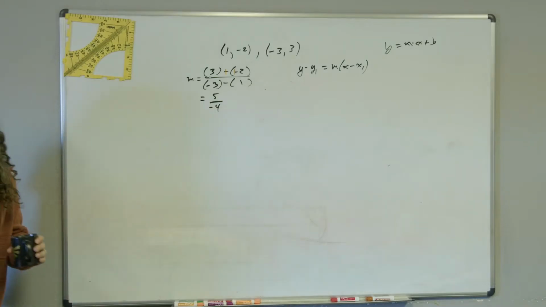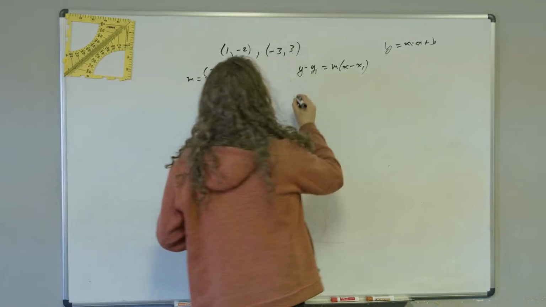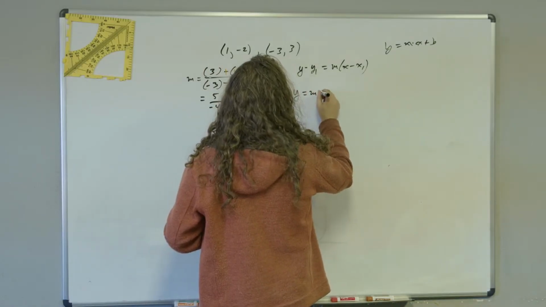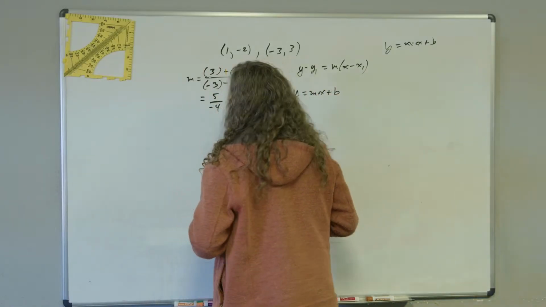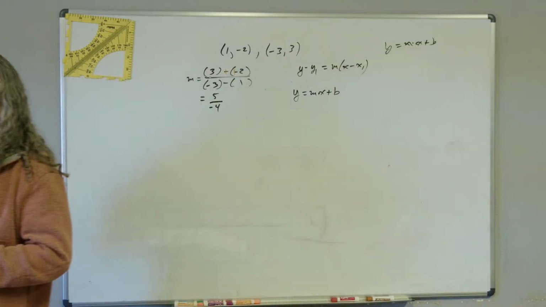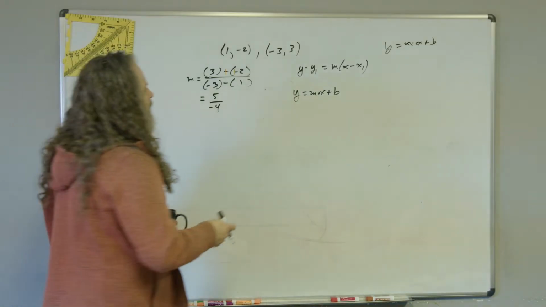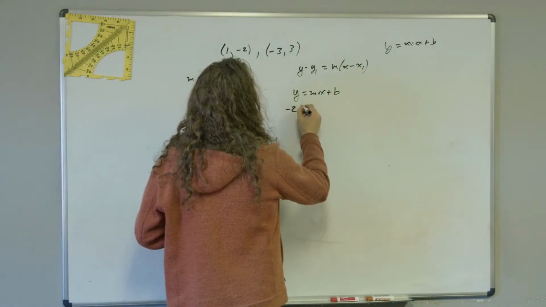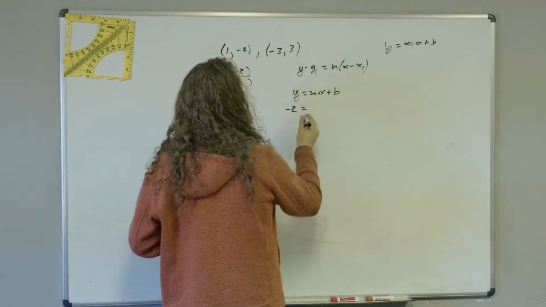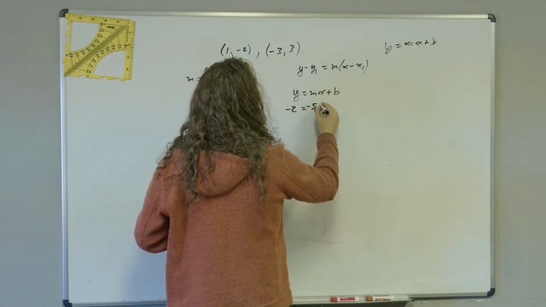B. Sure, that's fine. y equals mx plus b, slope-intercept form. If we're going to use that one, what should we do? Pick one of the points. Which one? Great. What are we going to put in for y? What about m? What about x?